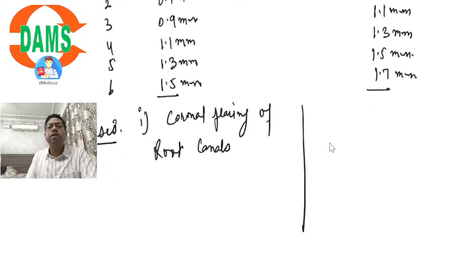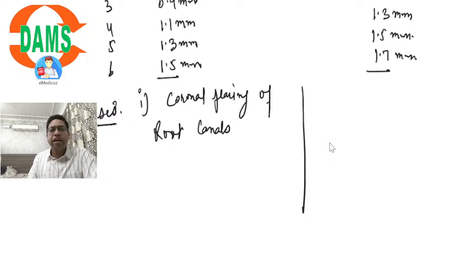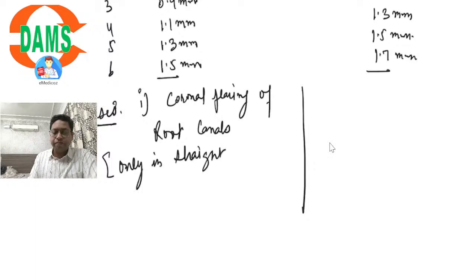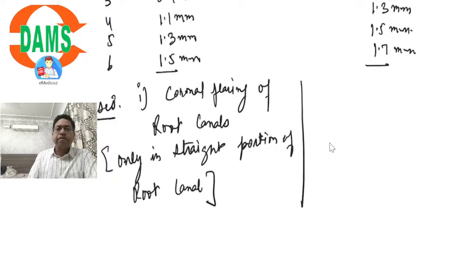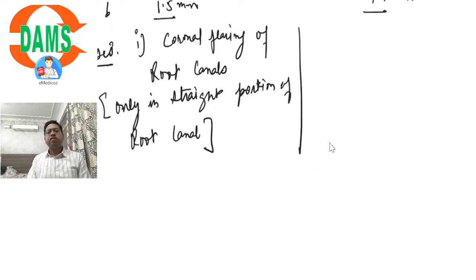To enlarge the coronal portion of the root canals, GG drills are good instruments because of their flame-shaped head. But they should only be used in the straight portion of the root canal.